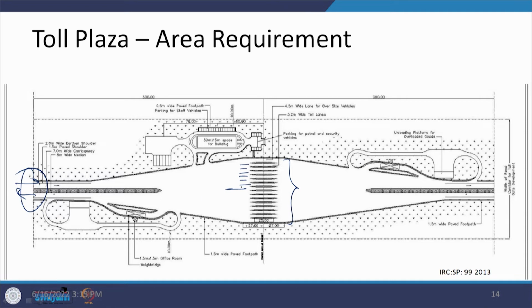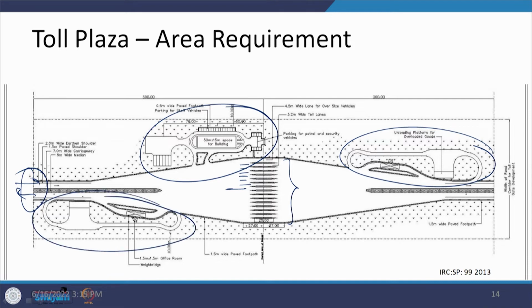So, the 2 lanes have converted into 7 or 8 lanes in one direction. There are additional facilities being provided on the side of this plaza. There are weighing facilities at either of these sides, and along with that the storage facilities are also provided, because if some material is offloaded, then it has to be stored. Then there are other facilities like the resting area, petrol pump, or the maintenance unit for the vehicle.